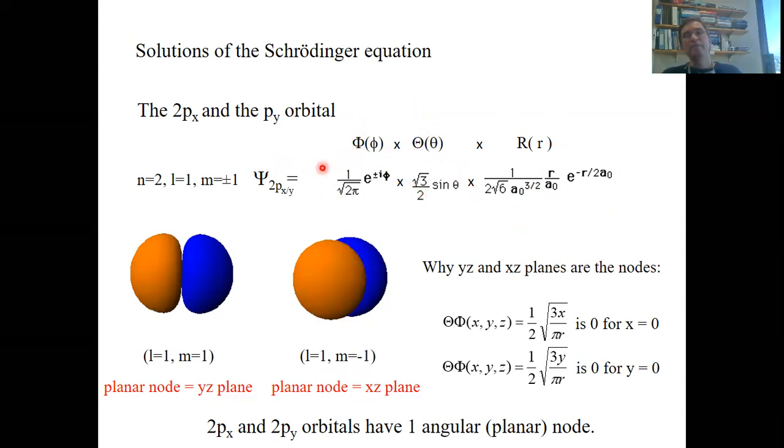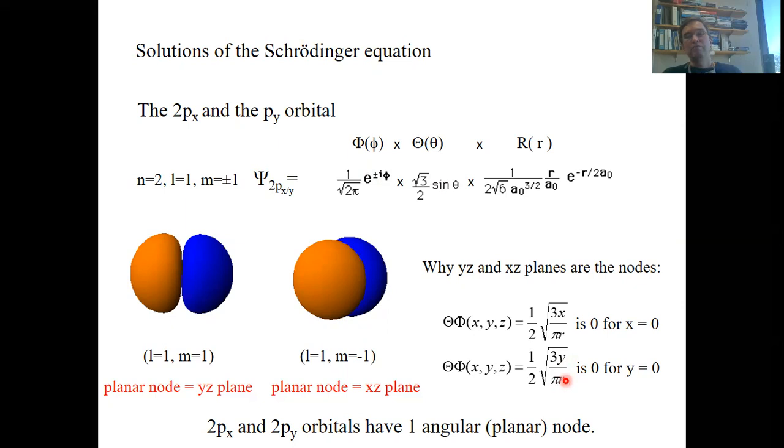To do that, we again convert the angular part of the wave function from polar coordinates to Cartesian coordinates. Then this product becomes this term for the px orbital and this term for the py orbital. For the px orbital, the term is a half times the square root of 3 over pi times x over r. And for the py orbital, the term is a half times the square root of 3 over pi times y over r.